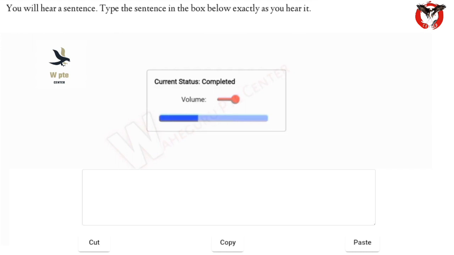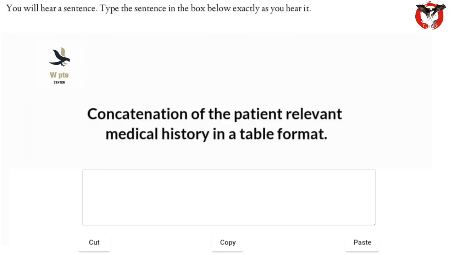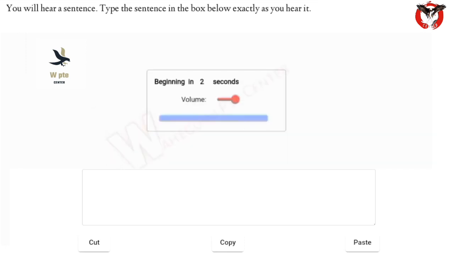Concatenation of the patient-relevant medical history in a table format. The logic provided in summary tabulations is used to populate this field.